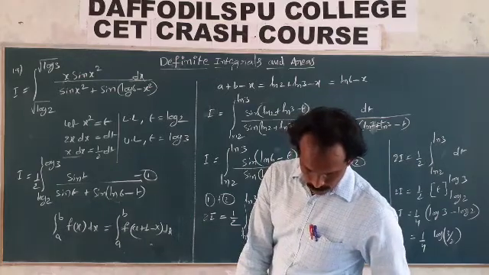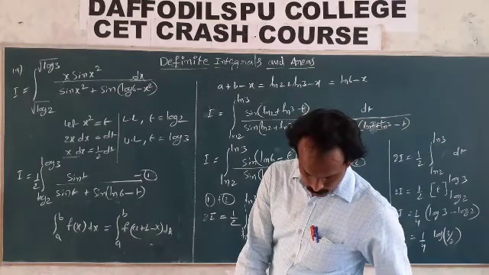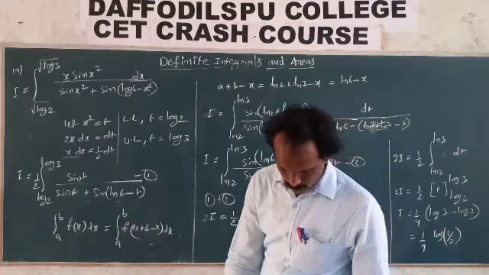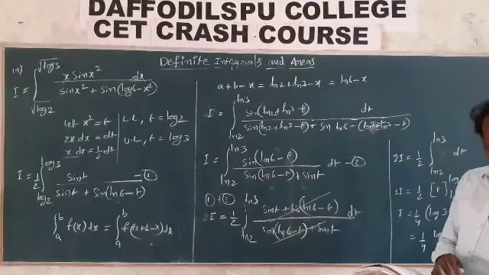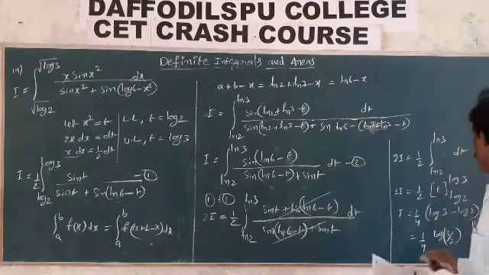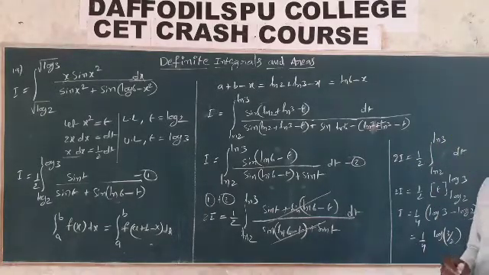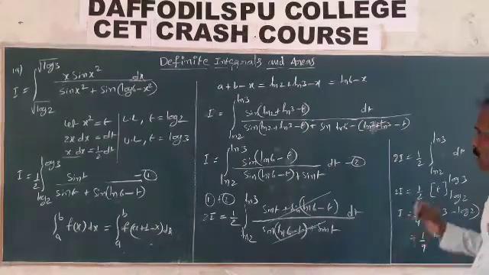Which option is the correct answer? The first option, 1 by 4 ln 3 by 2, is the correct answer for question 19.